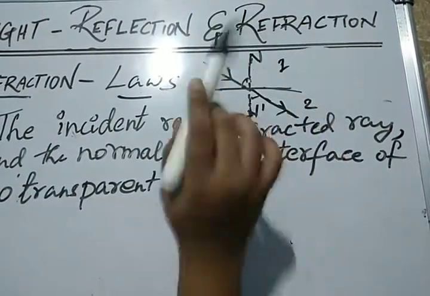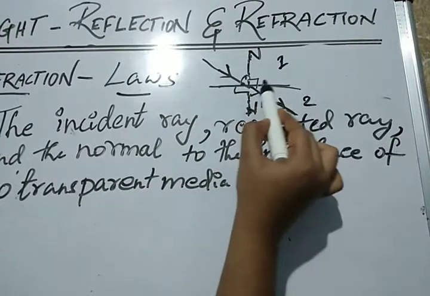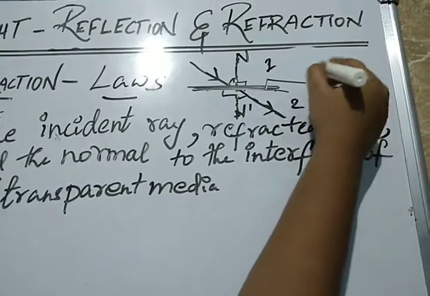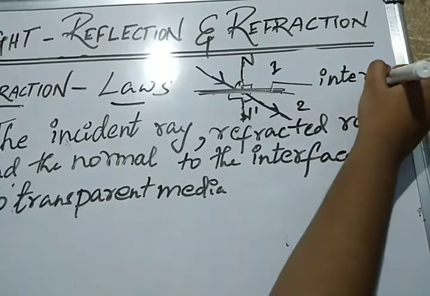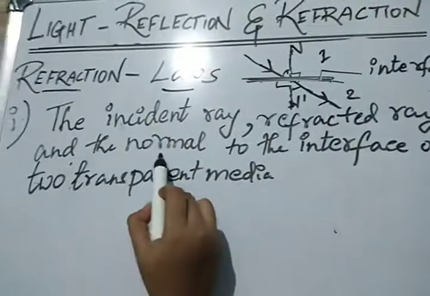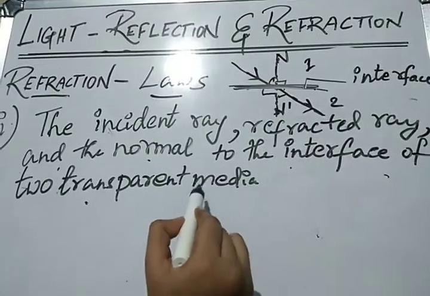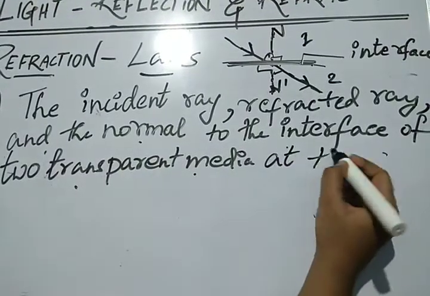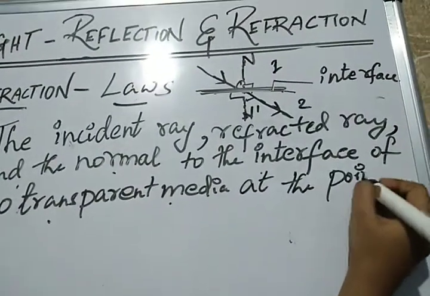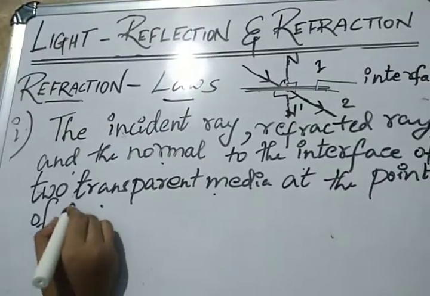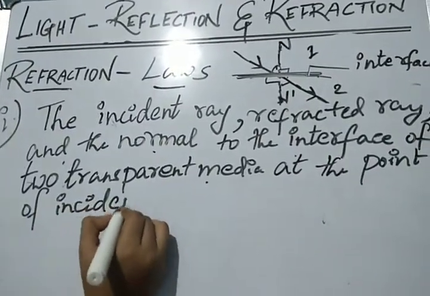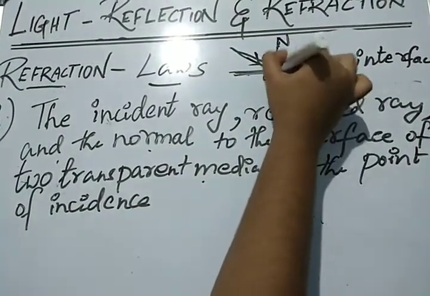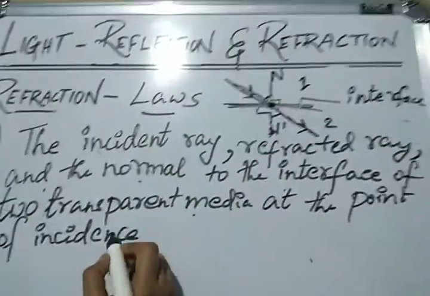This is known as the interface. So, the normal to the interface of two transparent media at the point of incidence. This point is the point of incidence.